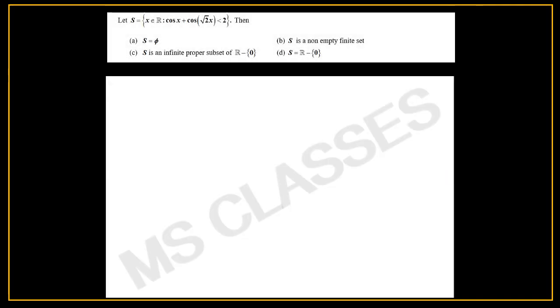Now we take another sum from KVPY 2008. It says that there is a set S, x belongs to R, such that cos x plus cos of root 2x is less than something.